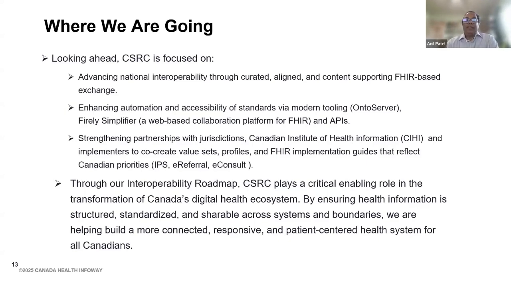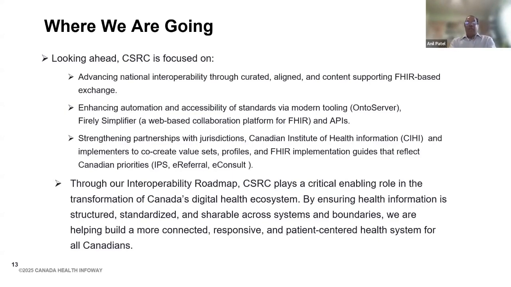We're also strengthening our partnerships with jurisdictions like the Canadian Institute for Health Information, CIHI, and implementers so that we can co-author value sets. We work with CIHI and others, and provide profiles and FHIR implementation guides that reflect Canadian priorities like IPS, e-referral, and e-consult.